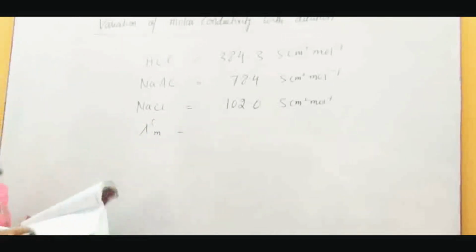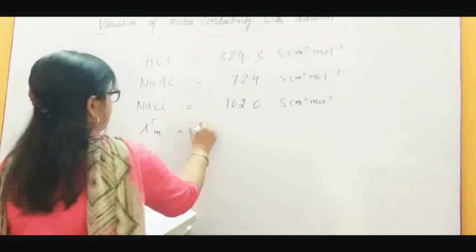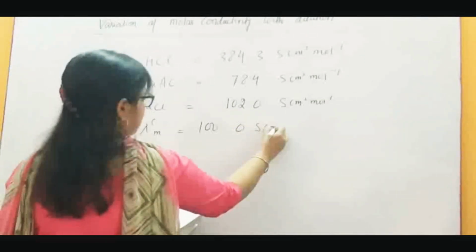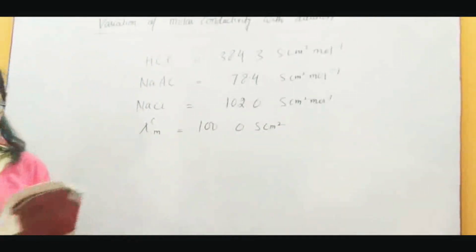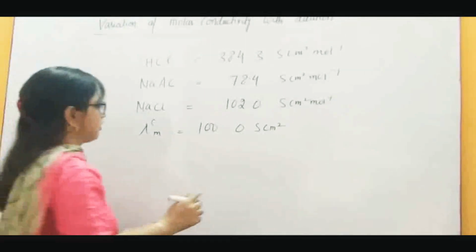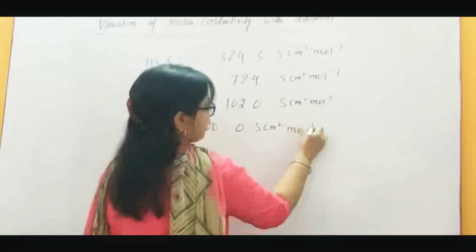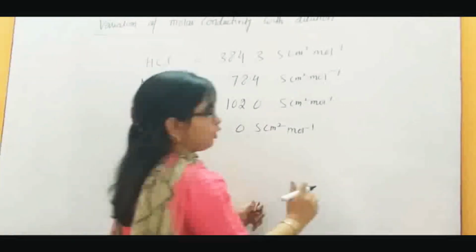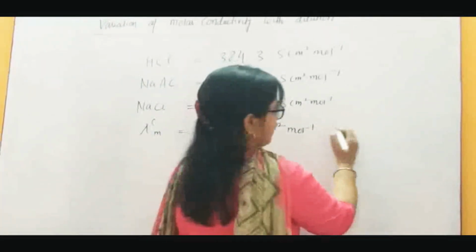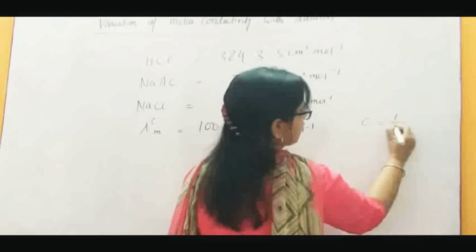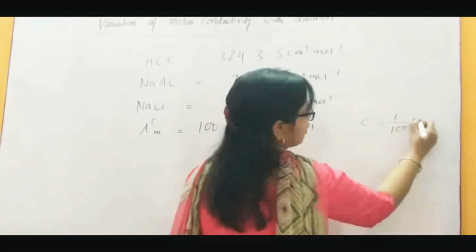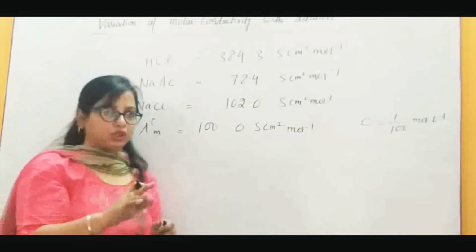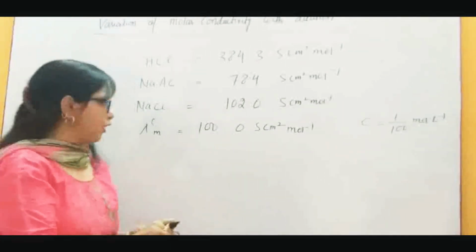The molar conductivity at the given dilution is 100.0 Siemens centimeter square. I will use these to find my degree of dissociation and K. The solution is centinormal, which means its concentration is 1/100 moles per liter.